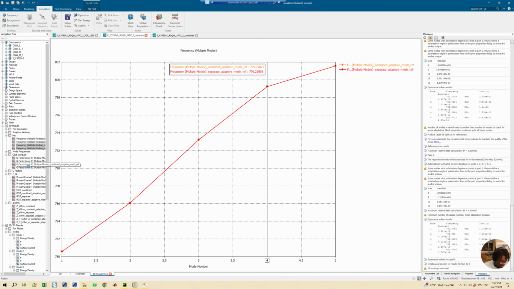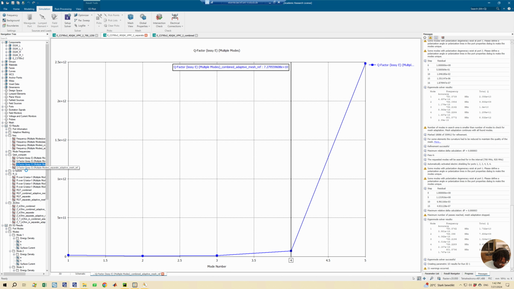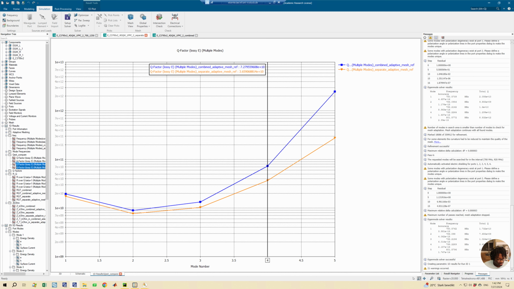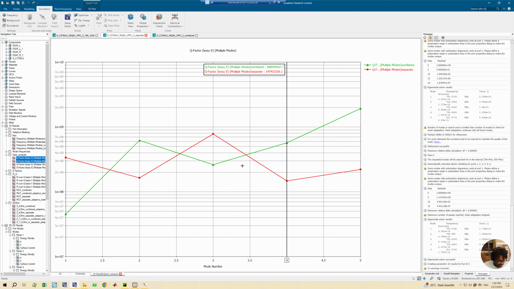The problem we had, or the most variation, was with the Q factor. If we look at the previous Q factor, we have this kind of variation. Sometimes for the separate case the calculated Q external is larger, and for the other case it's smaller.